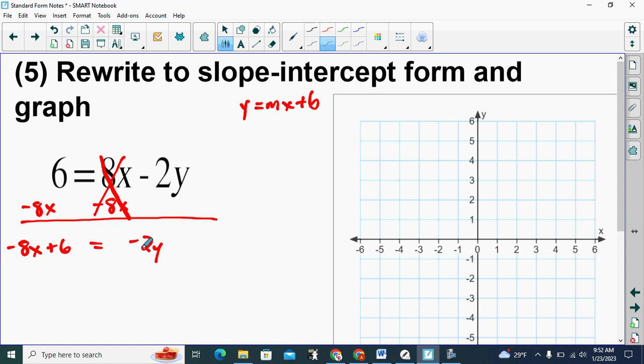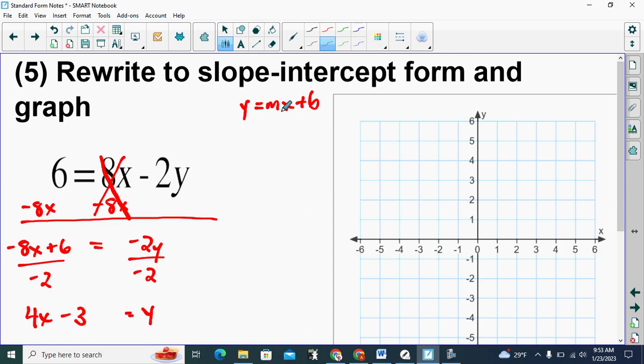To get y by itself, I've got negative 2 times y. Divide both sides by negative 2. And when I divide, I need to divide everything by negative 2. Negative 8 divided by negative 2 is 4x. Positive 6 divided by negative 2 is minus 3. Y equals 4x minus 3.